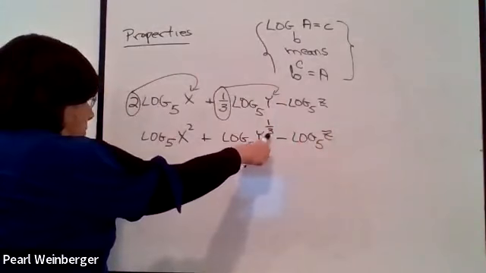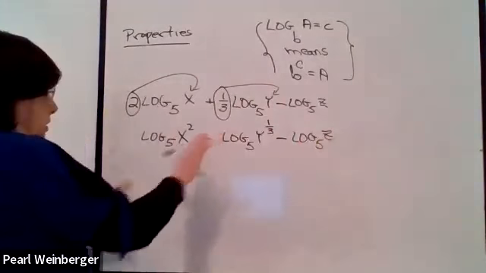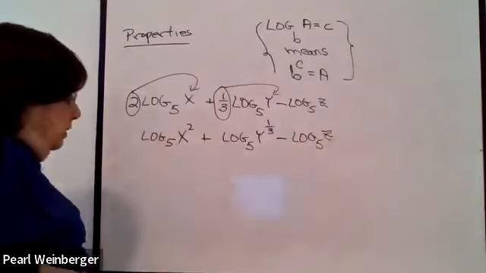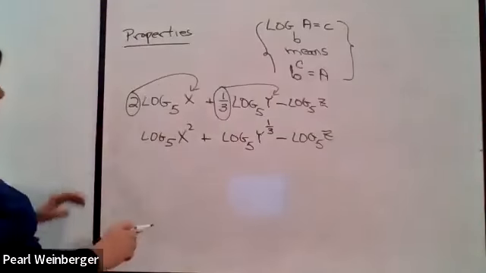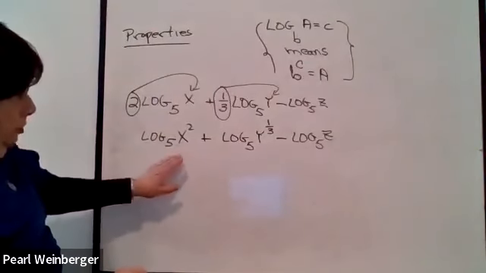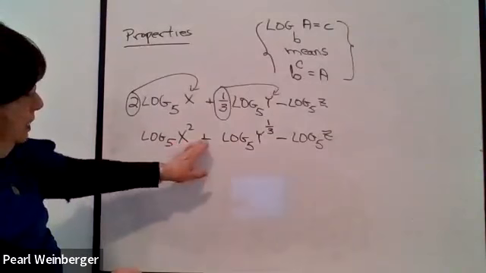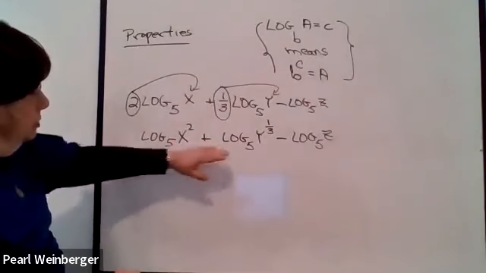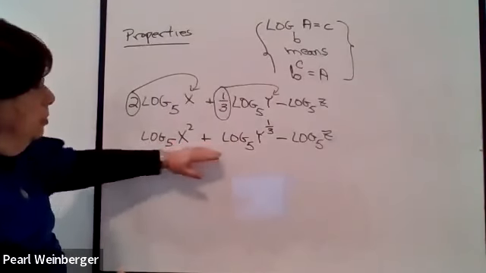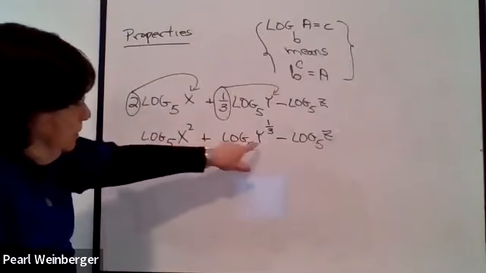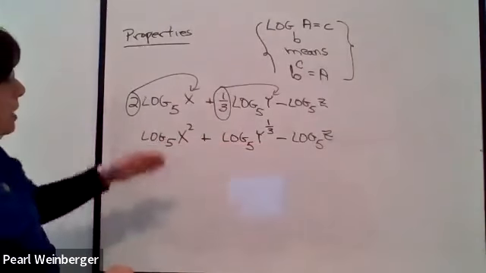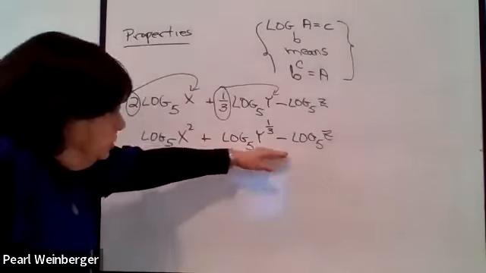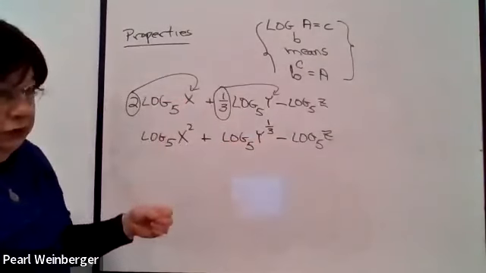Now, let's just first work it out. Now I look, any place that I see logs added, I know I'm going to have to multiply the numbers. Any place I see a subtraction, I know that's going to have to be a division.